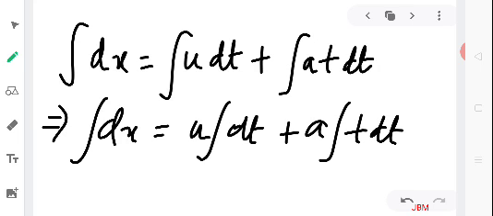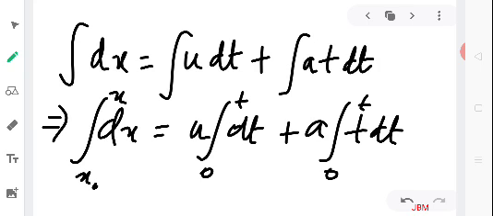Let's substitute the values. So, time equal to 0, let the position of the object be x0. At time equal to t, let the object reach a position x. Using these values, let us carry out the integral.